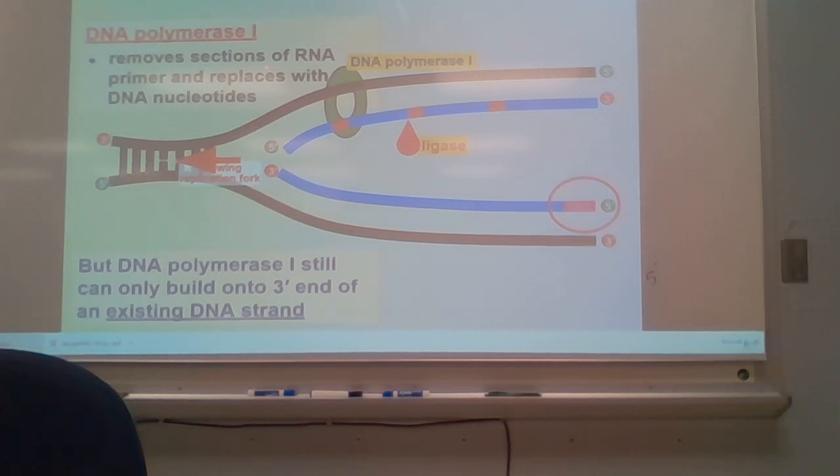So ligase, in this case, is going to glue together the pieces after DNA polymerase goes back through and replaces the RNA with DNA. So DNA polymerase 1, the editor, goes back and replaces the RNA with DNA. Ligase joins those fragments together so they're one complete sugar phosphate backbone.